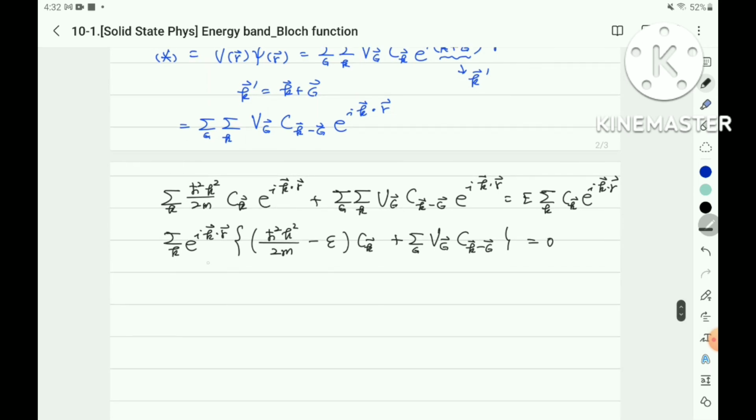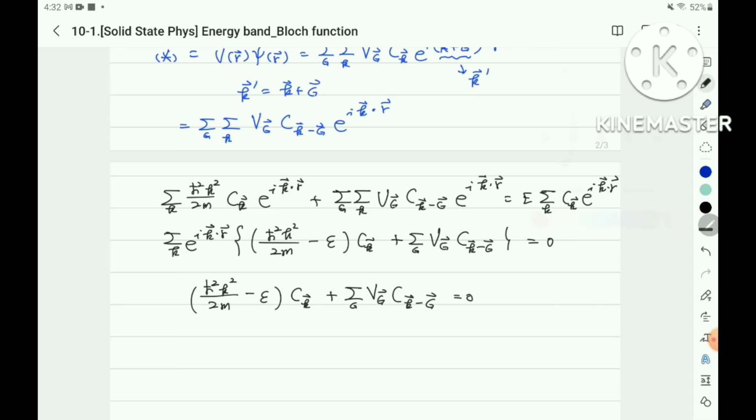Because this plane wave function is not 0, therefore this term, h bar squared k squared over 2m minus energy times c_k, plus the summation over G of V_G c_(k minus G), equals 0.